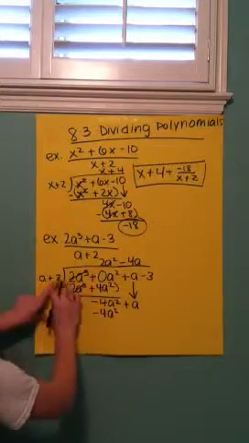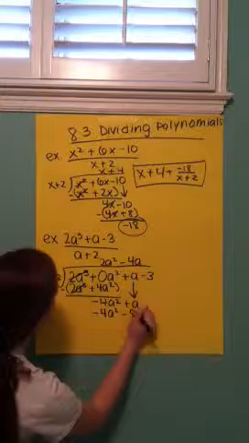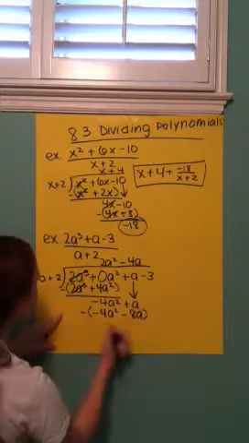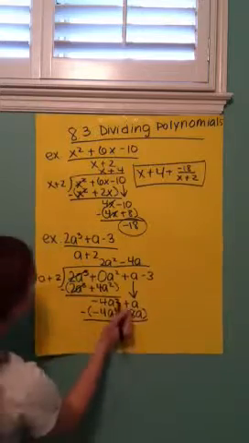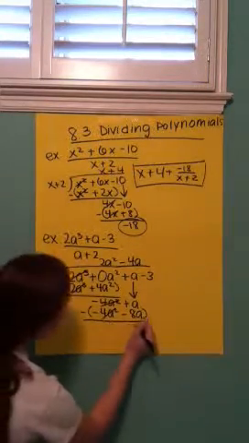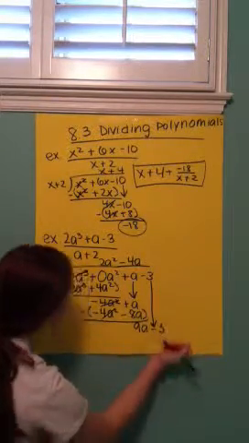Negative 4a times 2 is negative 8a. Subtract and distribute the negative. These will cancel out. This will become positive 8a. So then it's 9a. Carry down the negative 3.